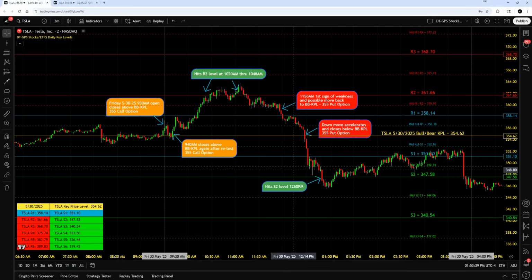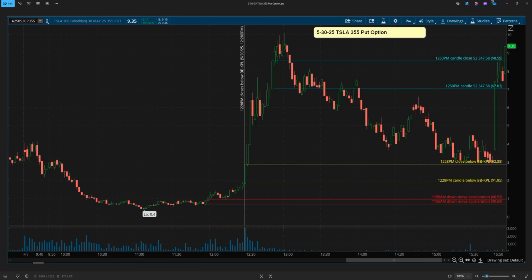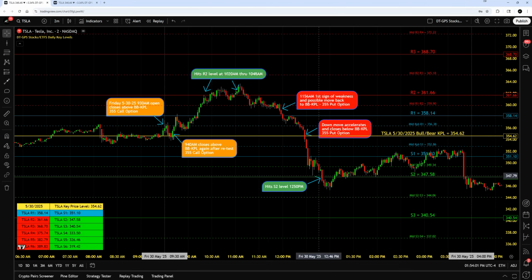Going back to the chart, here we have it hits the S2 level at 12:50 p.m. So at 12:50 p.m. it hits the S2 level, and the 355 put option is 703 to 855. Now we did see a move slightly below that. You would have gotten out here.